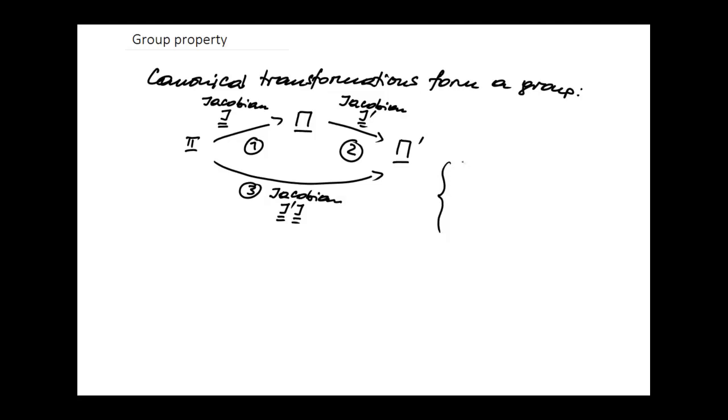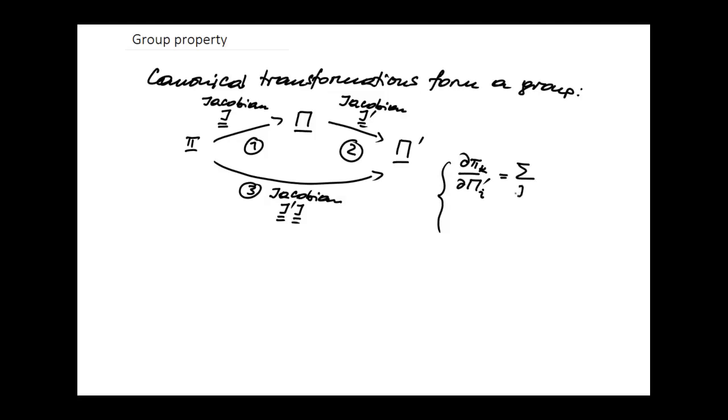It's the matrix of partial derivatives of little pi k with respect to capital pi I primed. That's the Jacobian of transformation number 3.